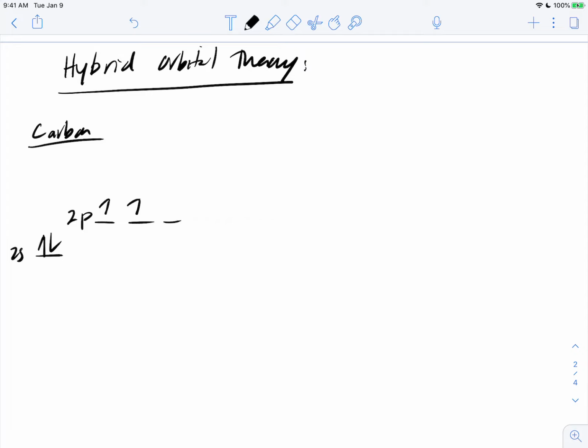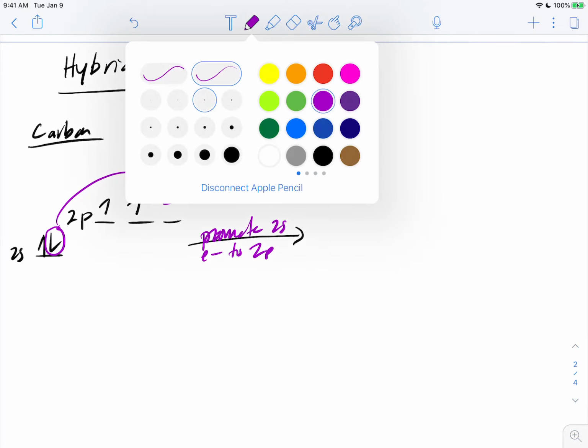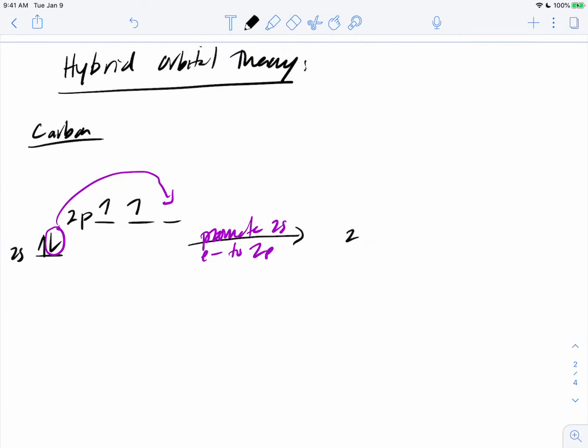And so what we are going to do is take and promote this electron here, so we're going to promote a 2s electron to the 2p. And so what we get is 2s now has 1 electron, and the 2p has 1 electron in every orbital.